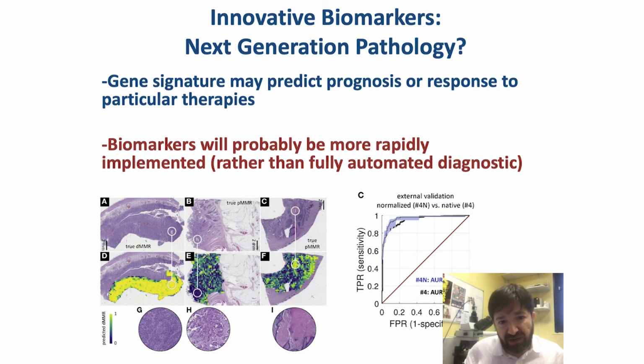For example, in colorectal cancer, if a tumor has a particular phenotype that we call microsatellite instability, we are likely to give immunotherapy to the patient because we know it is highly efficient for patients that have this kind of tumor. And there is a team in Germany that has trained neural networks from digital slides to automatically detect this particular phenotype without the need to extract the DNA and perform the molecular biology experiment.